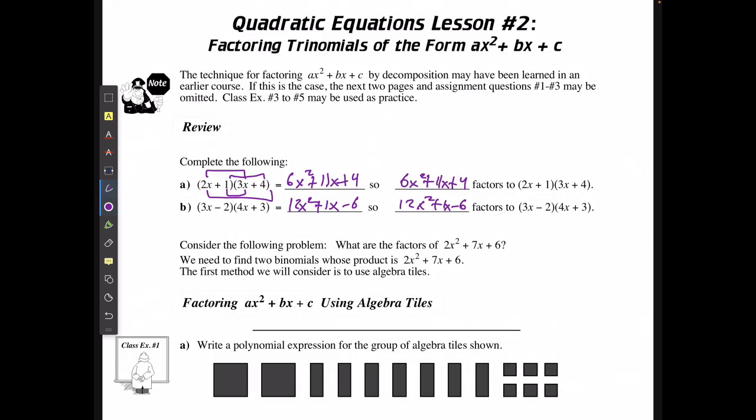So when we're considering the problem, what are the factors of 2x squared plus 7x plus 6? We need to find two binomial products which will multiply to make this.